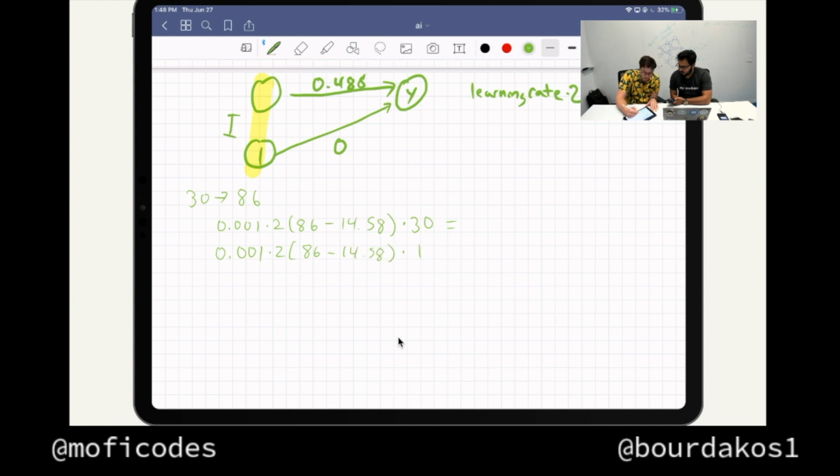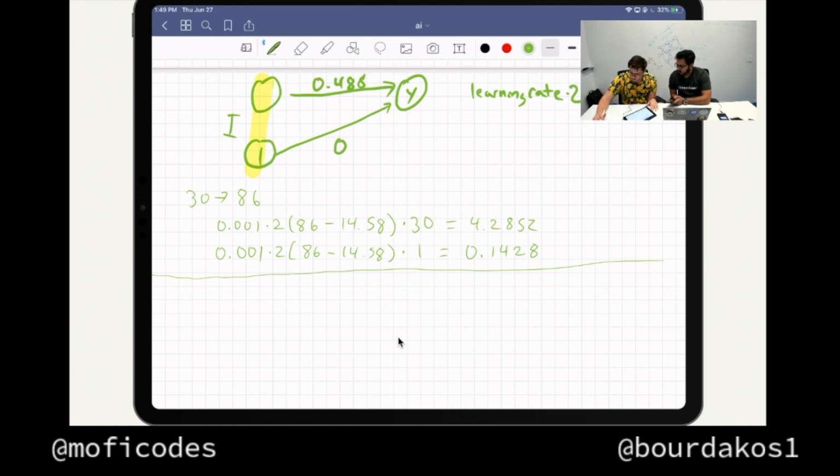And this time we're multiplying it by 1 for our bias. Then you can just multiply that by 30. So that one is 4.2852. Divide that by 30: 0.1428. Okay, so we have the values for one input.